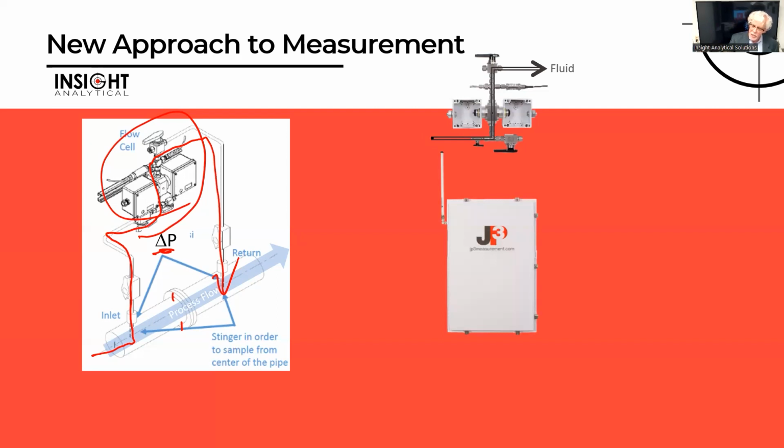Someplace else, we mount the box that has the spectrometer in it. I refer to this as being the brains, the whole thing. We don't put a dedicated analyzer building in. It doesn't have any process fluid to it. Process fluid stays out there by the process at the flow cell. We mount the analyzer in some place like an MCC building.